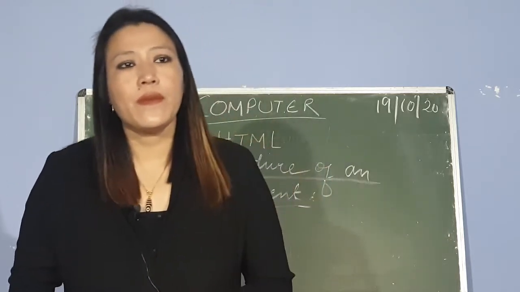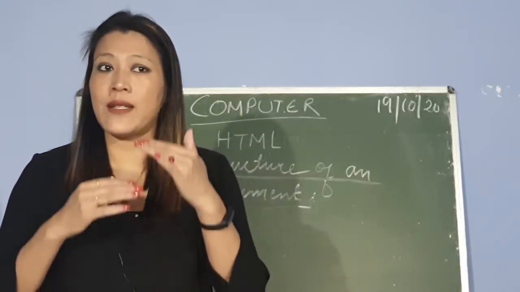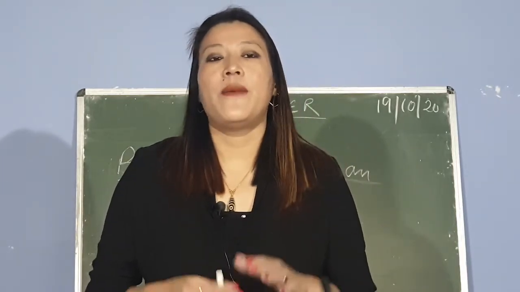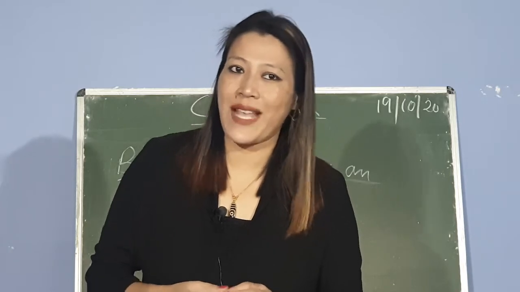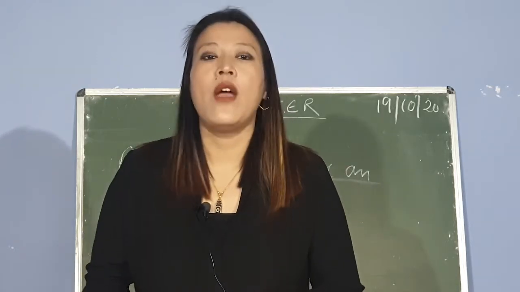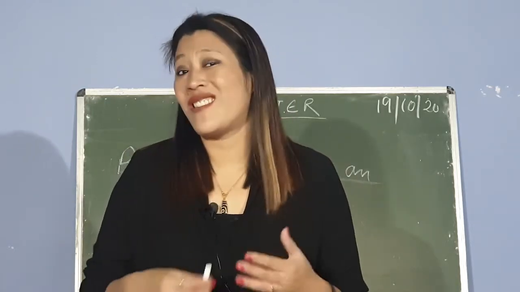So the head section contains the information which will not be displayed on the screen, but the body contains the information which will be displayed on the screen. For example, the head section contains the title of your web page. The title of your web page will not be displayed on the screen, but it will be displayed on the title bar.